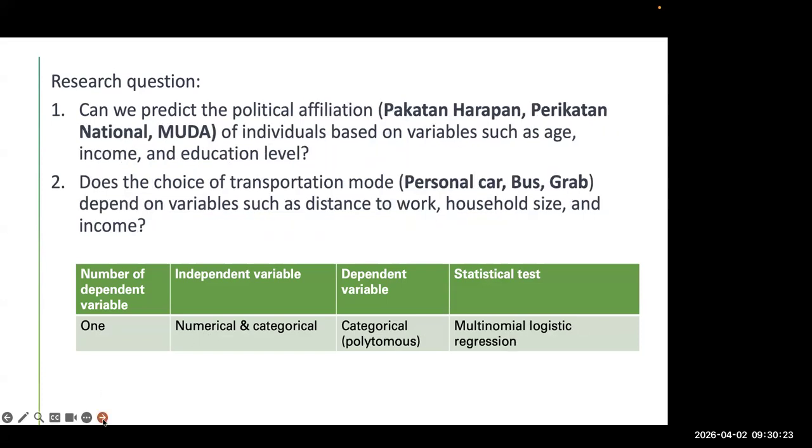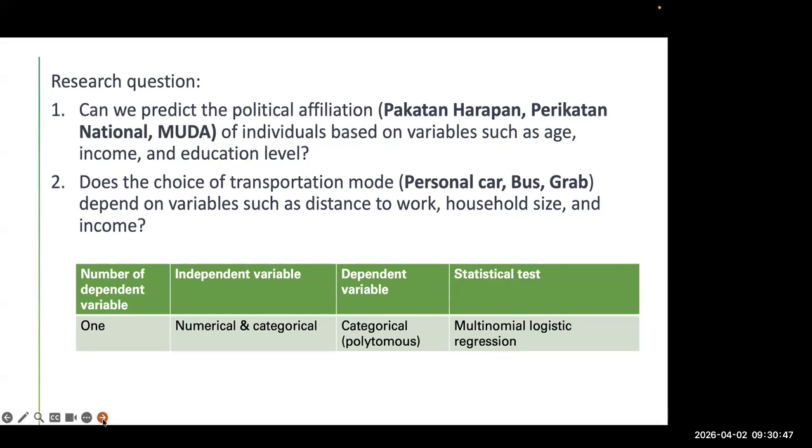Now we see the research question. Can we predict the political affiliation, either Pakatan Harapan, Perikatan Nasional, or MUDA, of an individual based on variables such as age, income, and education level? We want to see the independent variables now. You look at the outcome. The outcome is we have more than two groups now.